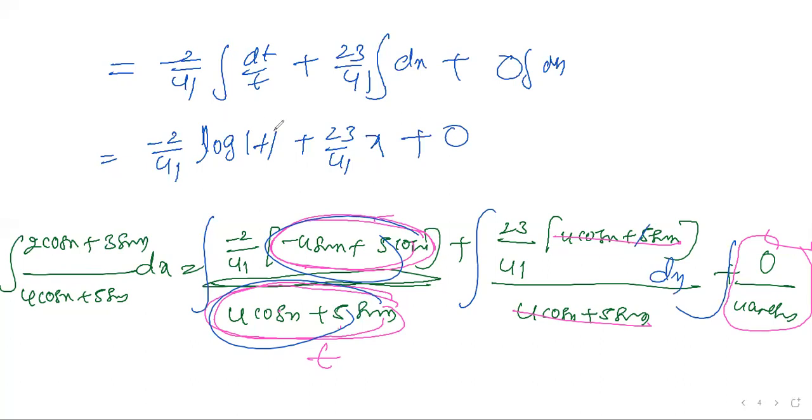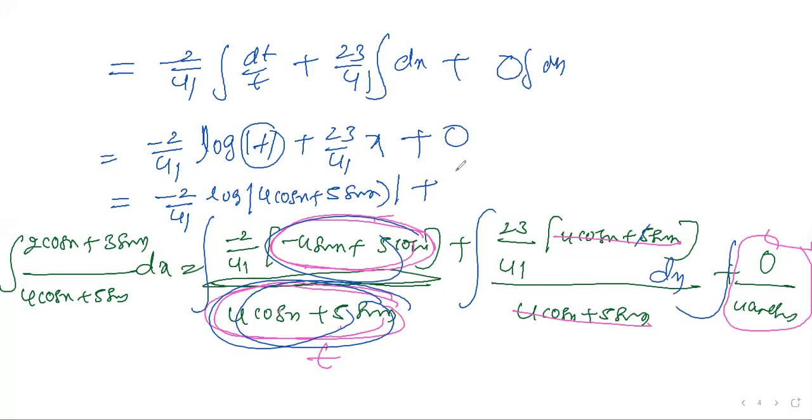Next, what do you understand by t? What is t? Please substitute the t value. So the answer is minus 2 by 41 log of (4 cos x plus 5 sin x), plus 23 by 41 into x plus c. The answer to this question will be like this.